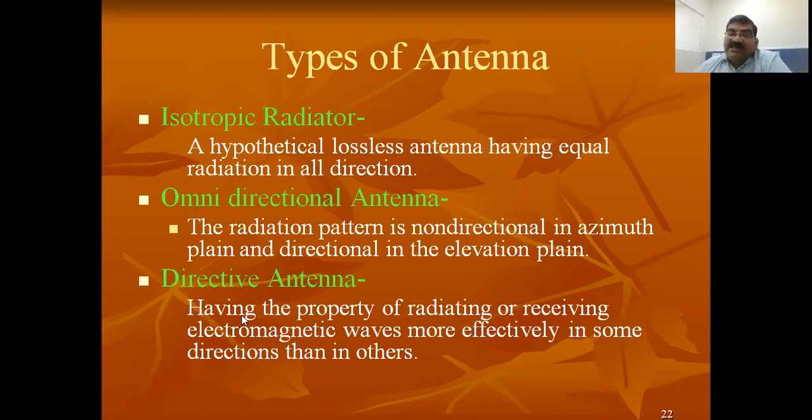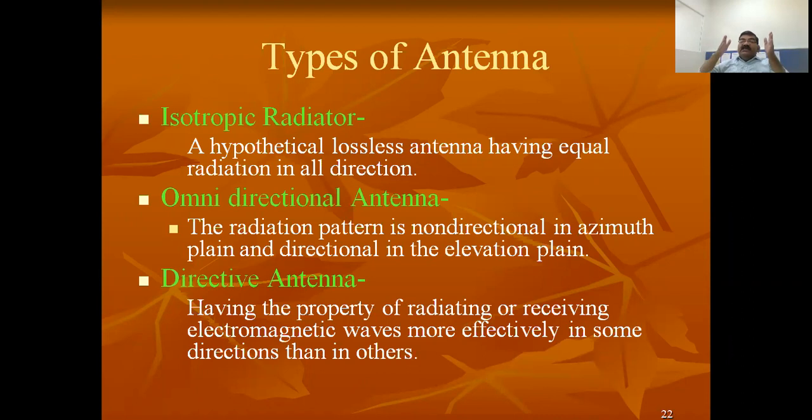Directional antennas are specific. They radiate in a particular direction. The focus is in this direction only. So based on the angle, we can consider the directional antenna, having the property of radiating or receiving electromagnetic waves more efficiently in some directions than in others.